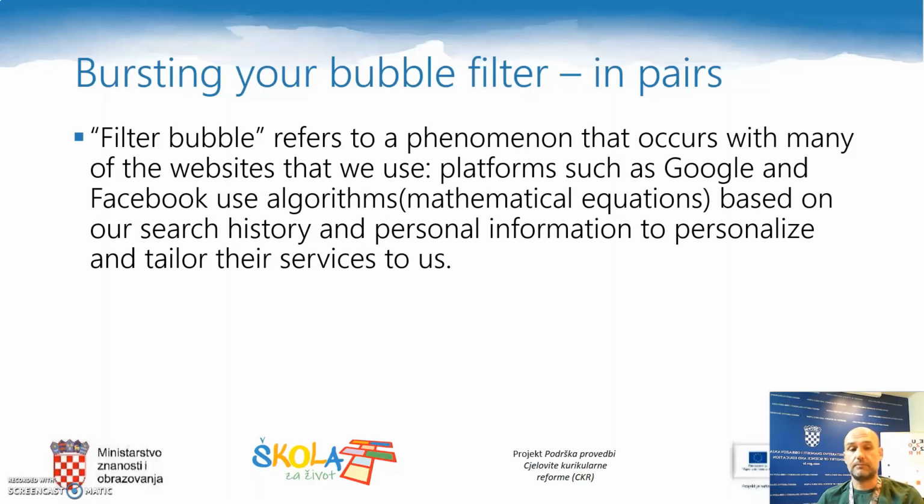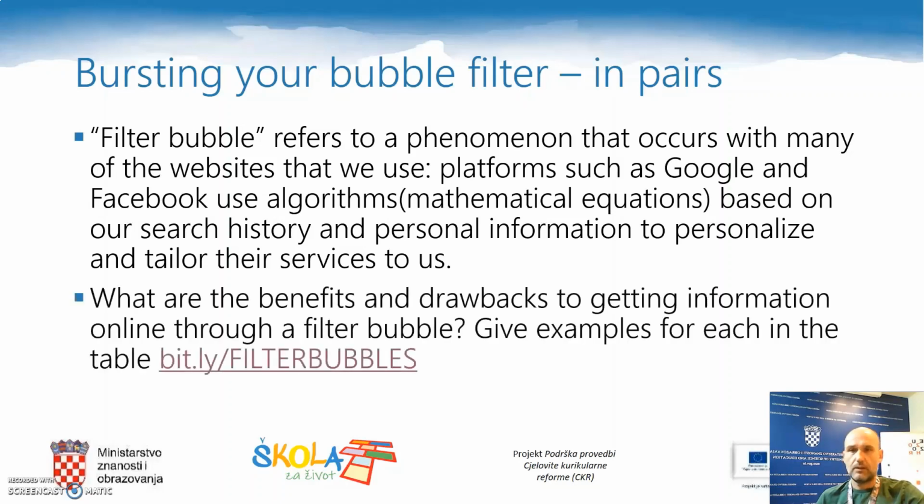In simple words, it means that, for example, you're searching for something on the internet today, and tomorrow when you open your search engine, you will see an ad trying to sell you the item you were searching for yesterday. This is something that happens because of your filter bubble.